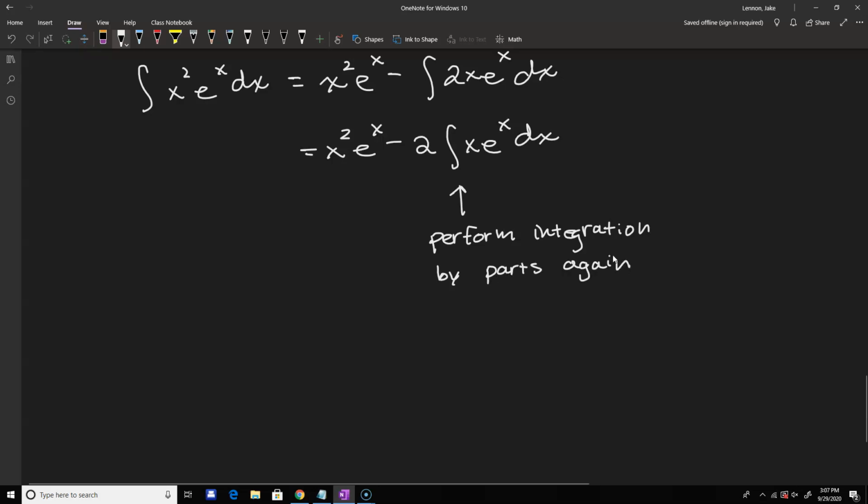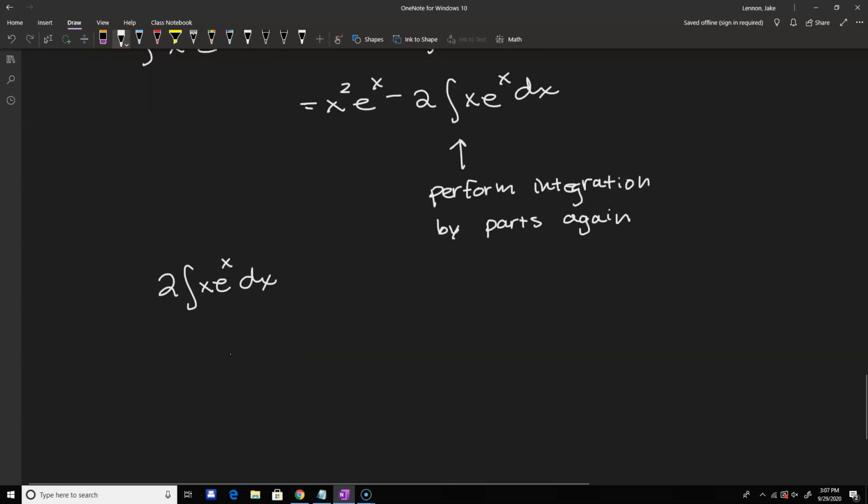So we have to do it a second time. So for that integral, we have 2 times the integral of x e to the x dx. So for that one, we would say u would be equal to x, and dv would be equal to e to the x. So du would be dx, and v would still be e to the x.